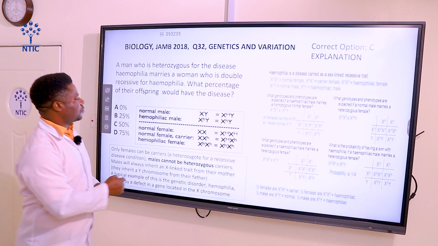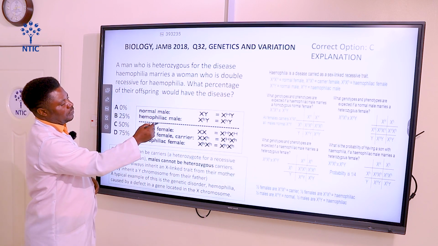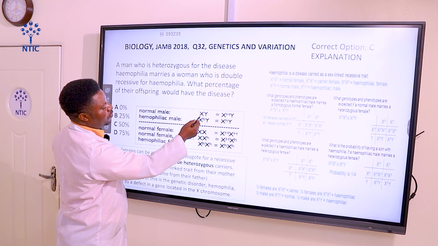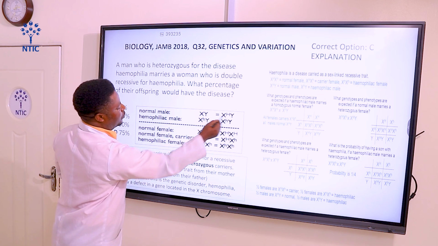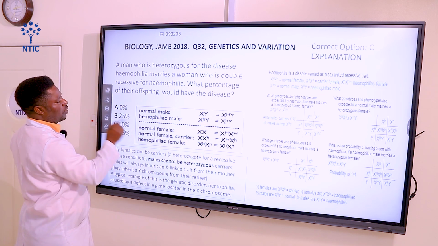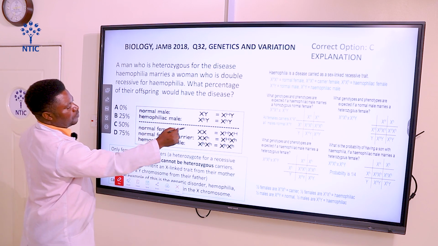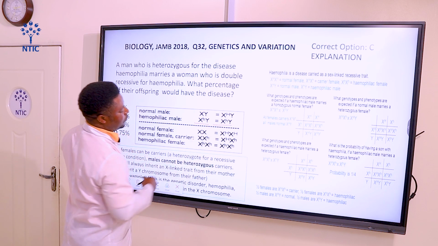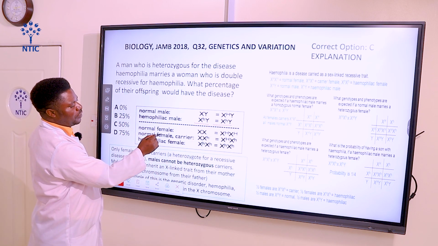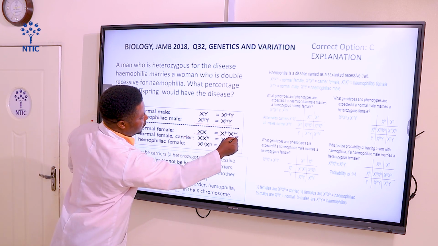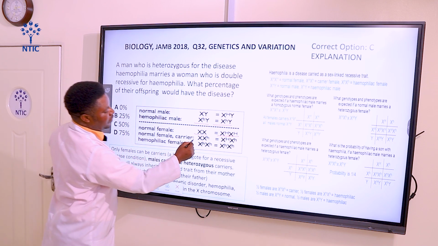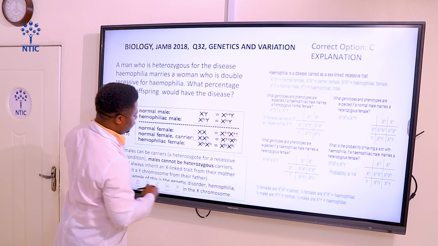We said, for a normal male, you have the chromosomes represented as this, and for a hemophiliac male, you have it as this, okay? Then, for a normal female, you have it as this or this. You can also use this allele or this very one.